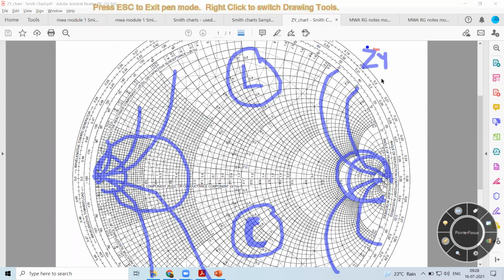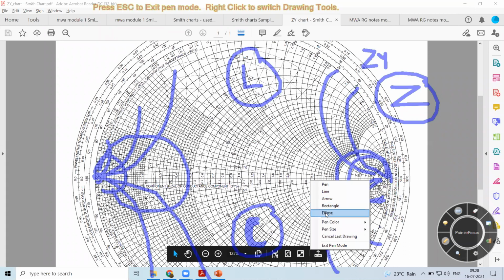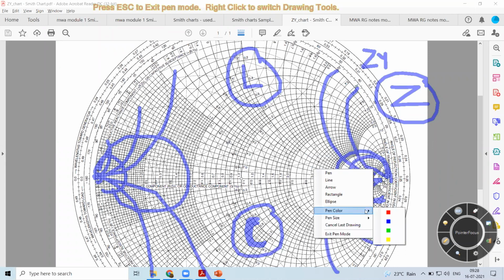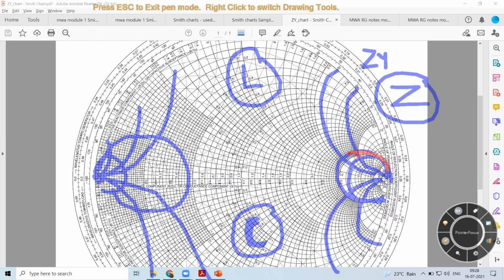Now suppose I'm using this as a Z chart, I'm plotting the impedance parameters. Then what has to be done? You use these circles, that is, the resistance and the reactance circles.